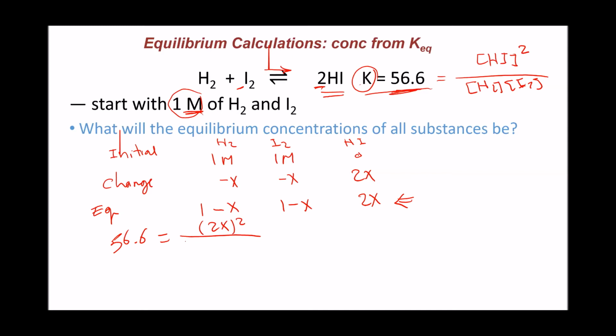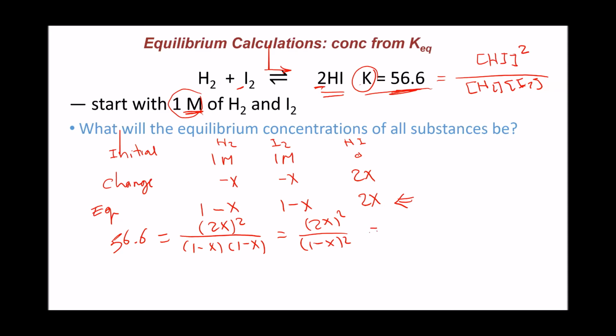And that is divided by the concentration of hydrogen, 1 minus x, times the concentration of iodine, which is 1 minus x. So it's basically 1 minus x squared. So it's going to be 2x to the power 2 divided by (1 minus x) squared.